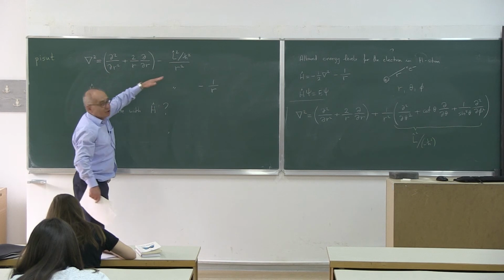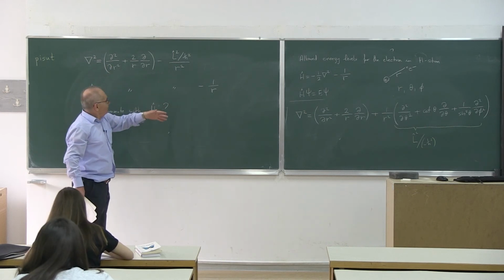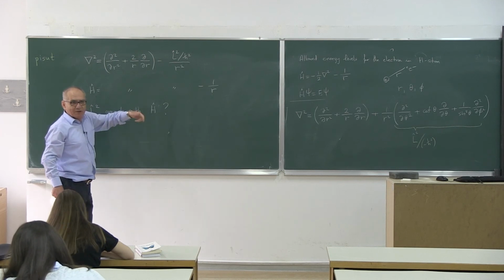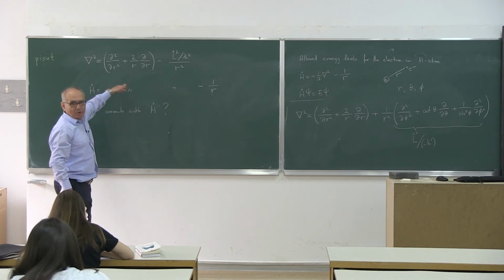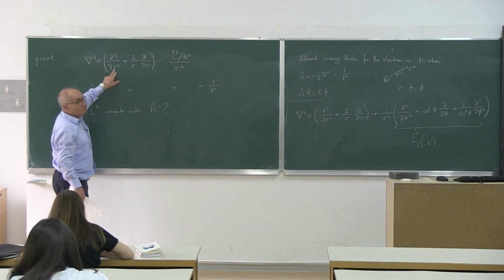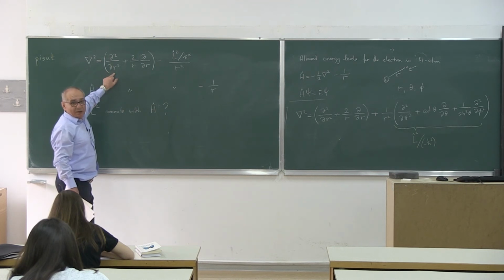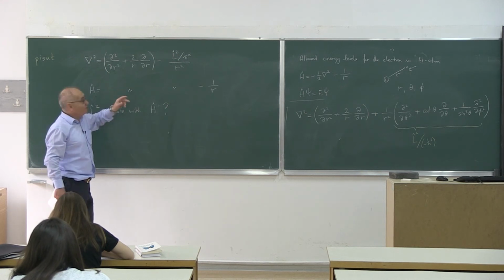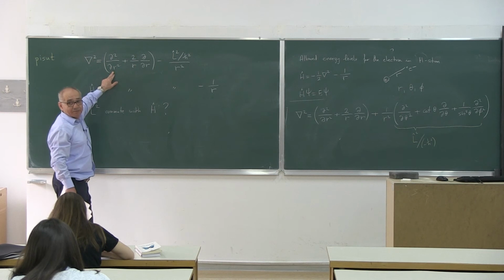There are several terms here. So if L square commutes with each one of the terms separately, then it will commute with all of it. So start. L square, does it commute with this term? Second derivative with respect to r square. This contains only the r variable. You have to remember which variables are contained in the angular momentum, theta and phi, different independent variables. Therefore, L square commutes with this term.